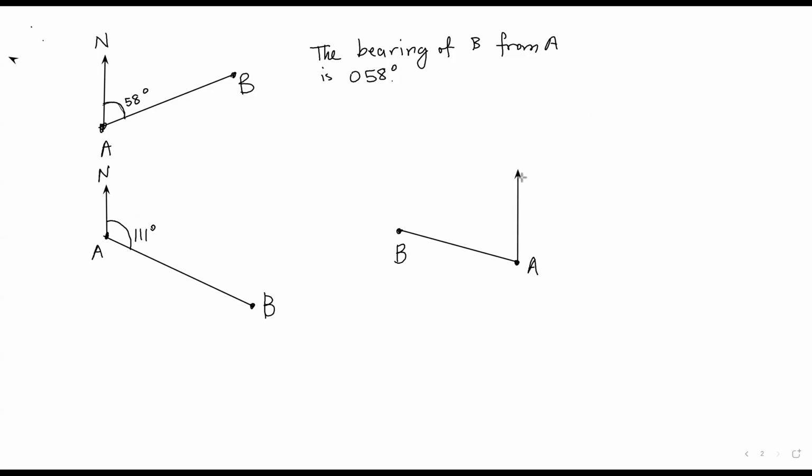So if it's from A, the north line goes here. I know I've repeated that several times, but I really want that to be stuck in your head, because it's important to correctly identify where your north line is going.